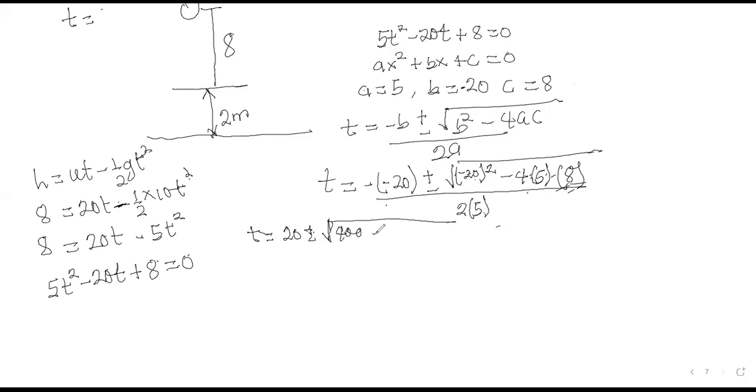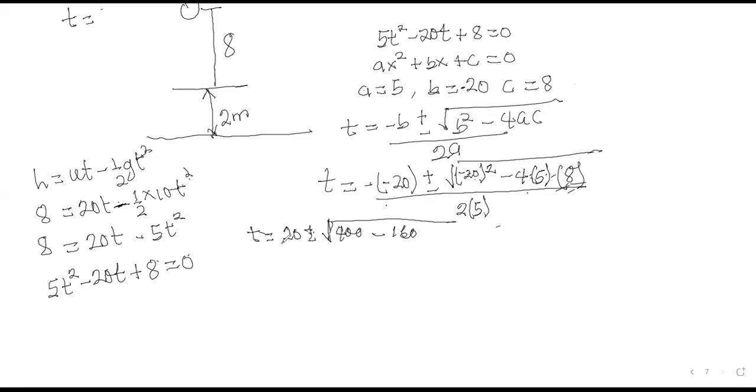This is minus 4 times 5 times 8, which is 160. What is 20 times 8? 160.